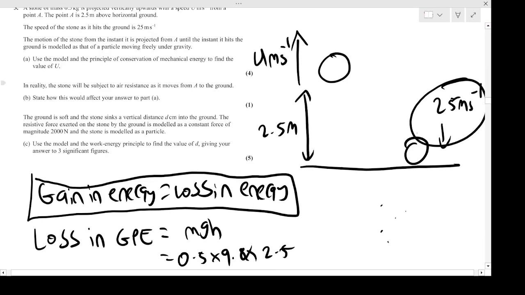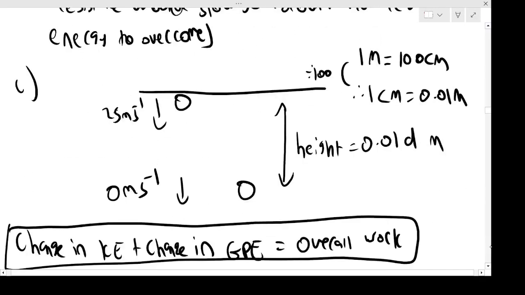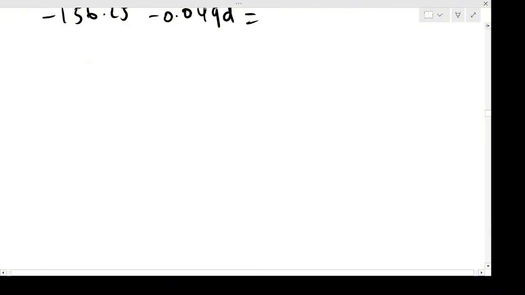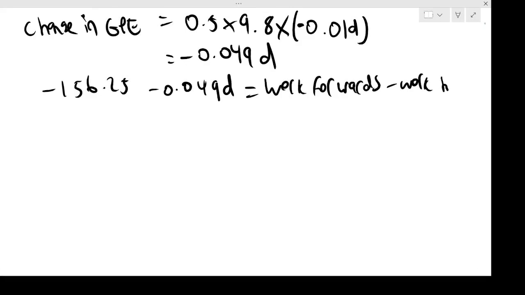We're only told here there's a resistive force, so it's going to oppose it, so it's going to go work backwards. So there's no work forwards because there's no forwards force moving the stone forwards. So work forwards minus work backwards, that's the overall work done. So that's going to be 0.